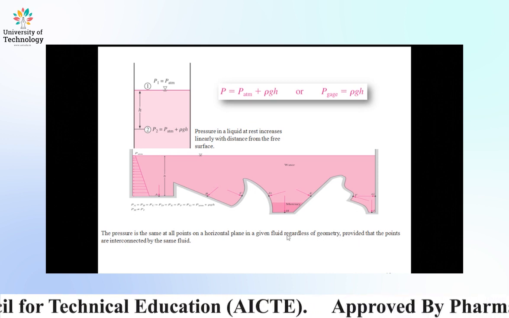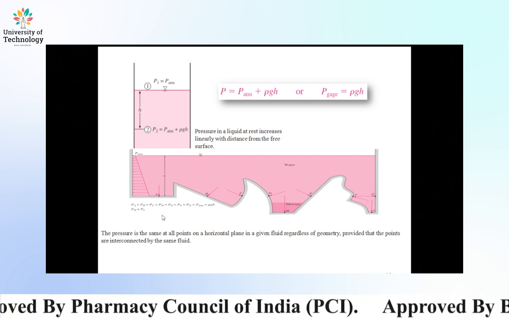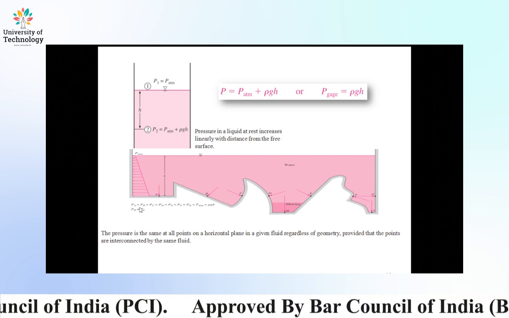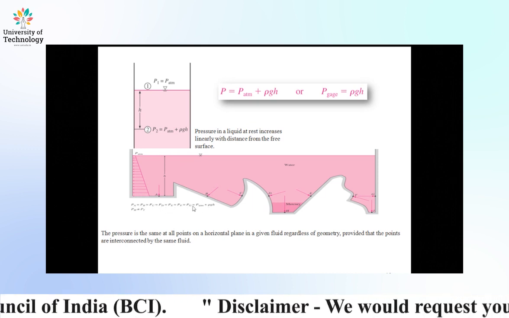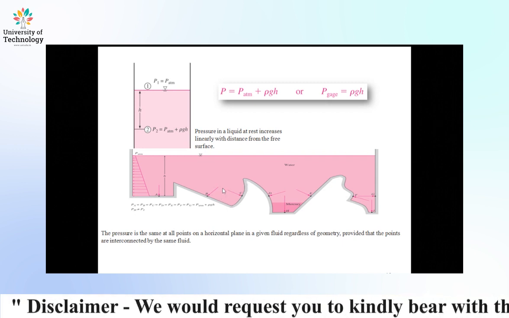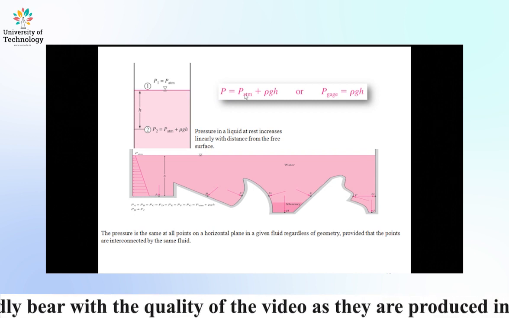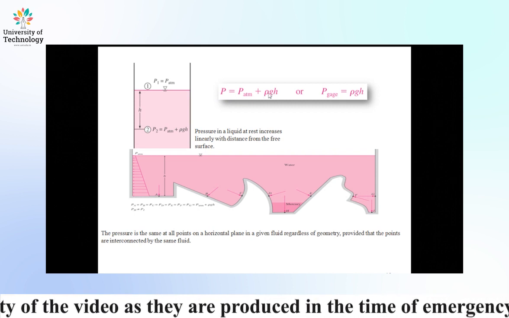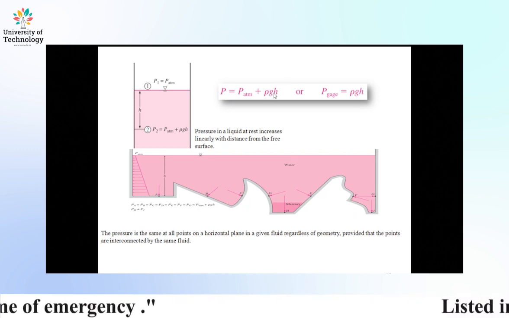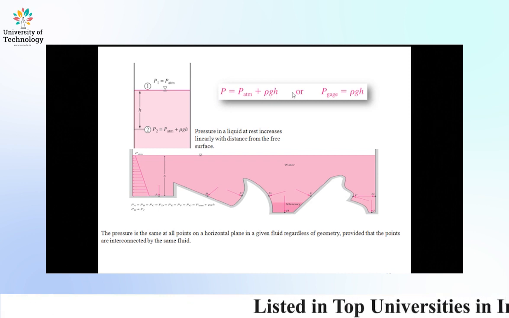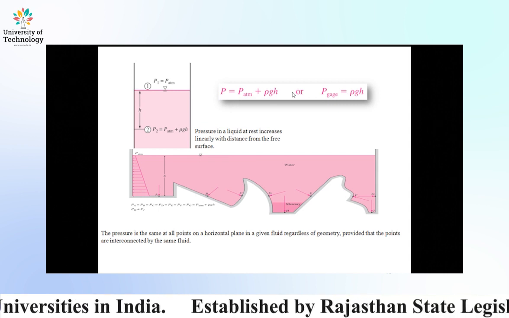By this equation, pressure is the same at all points on the horizontal plane, independent of geometry, because pressure depends on density, g is constant, and the depth. If depth is the same and density is the same, pressure is the same for all the points. If density varies, pressure varies. If depth varies, pressure varies.